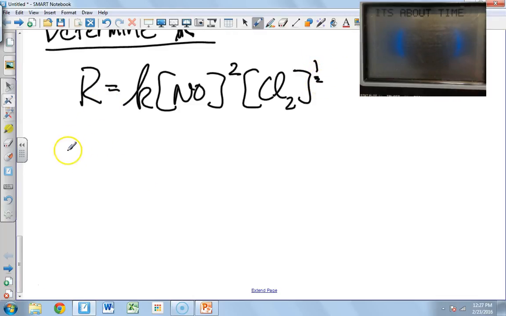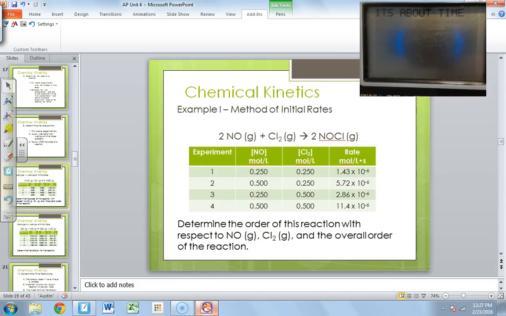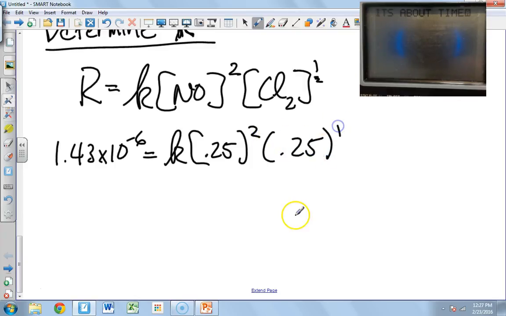Okay, so now the rate in experiment 1 was 1.43 times 10 to the minus 6 equals K, which is what we're solving for, times the concentration. The concentration was, let me just double check, 0.25. Each of them were 0.25. So it's 0.25, but that's squared, times 0.25 to the first.